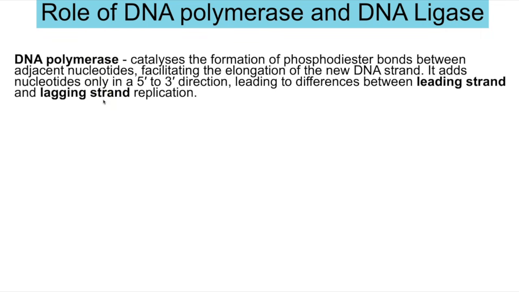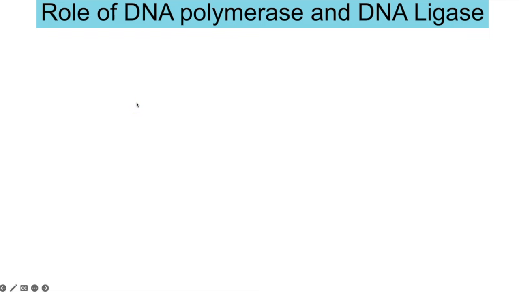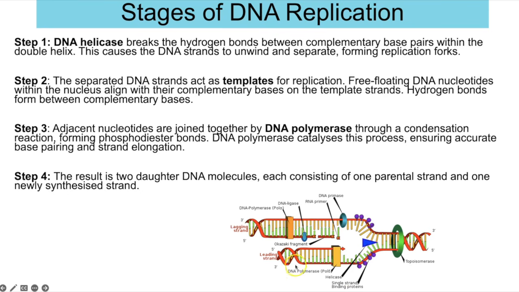That means the newly synthesized strand, which is anti-parallel, will have new nucleotides being added in the 5' to 3' direction. And that leads to differences between the leading strand and the lagging strand in DNA replication, which if I just go back to this diagram here, we can start to see that concept of leading strand versus lagging strand.